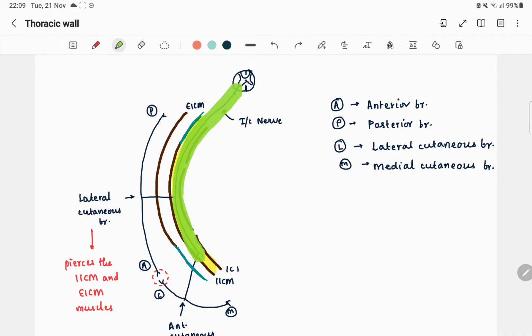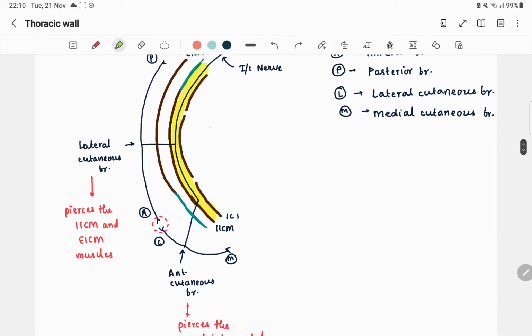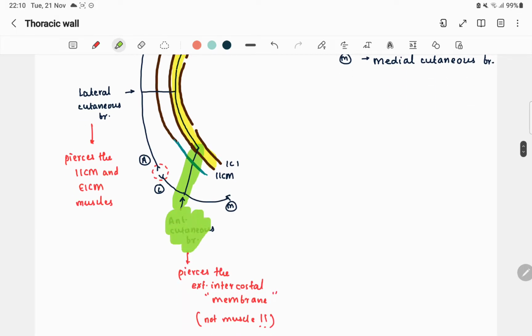It goes like this, and at the level where there is the external intercostal membrane, it pierces the internal intercostal muscle and the external intercostal membrane and divides into this branch. This is called your anterior cutaneous branch.